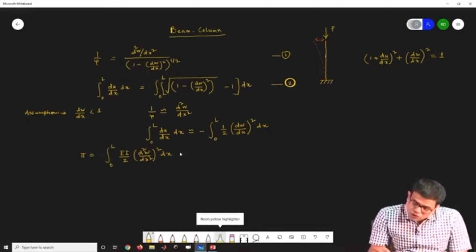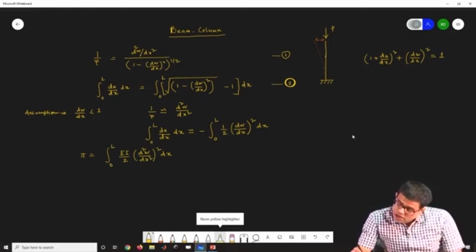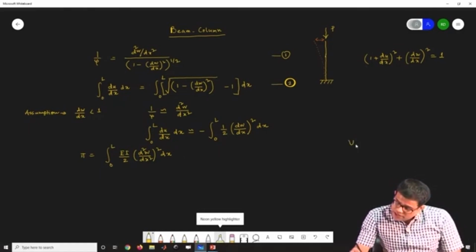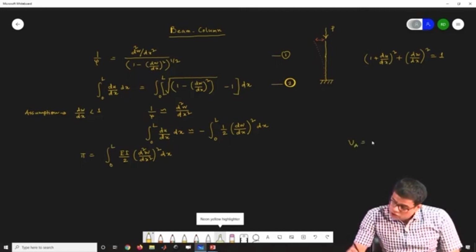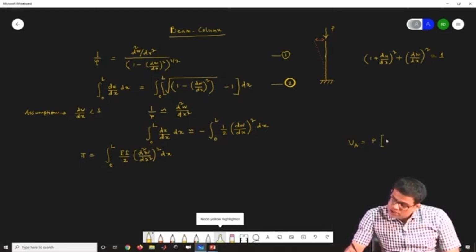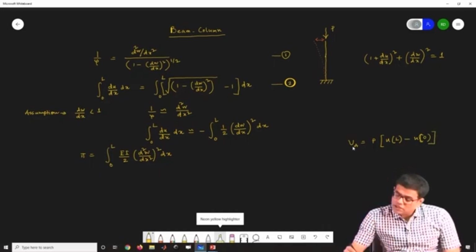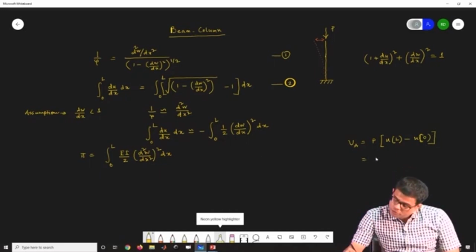And then there will be an additional axial strain energy. How should I calculate the axial strain energy? The simple form for the axial strain energy, let me write U axial, just for your understanding. P is the force, so P into the displacement at x equals L minus the displacement at x equals 0. So, this is my axial strain energy. Now, this equals P integral of 0 to L du dx into dx.